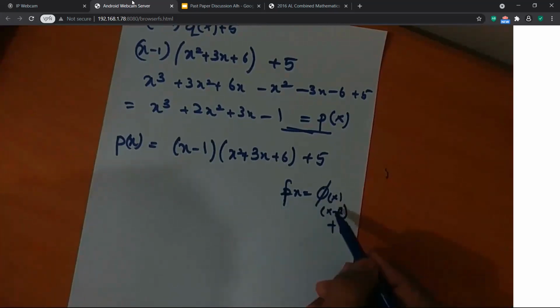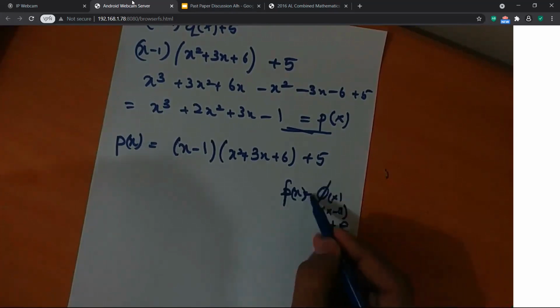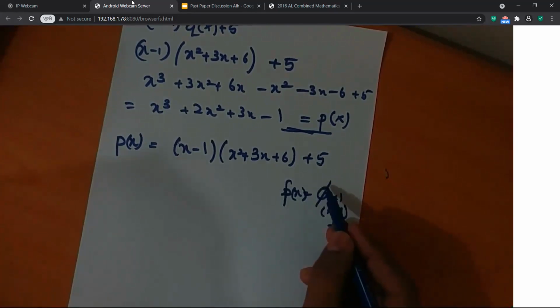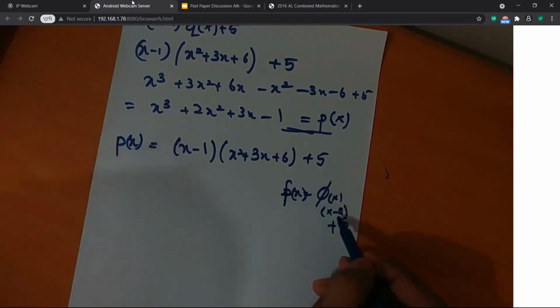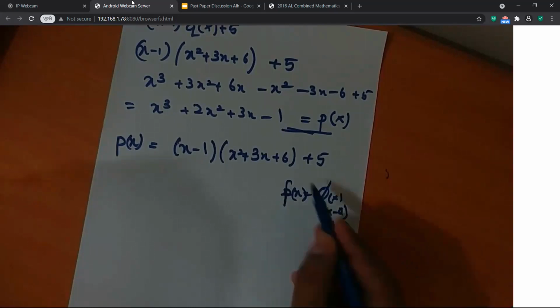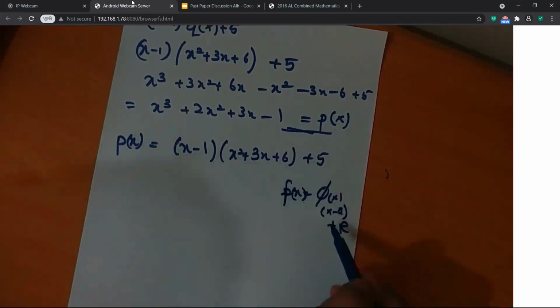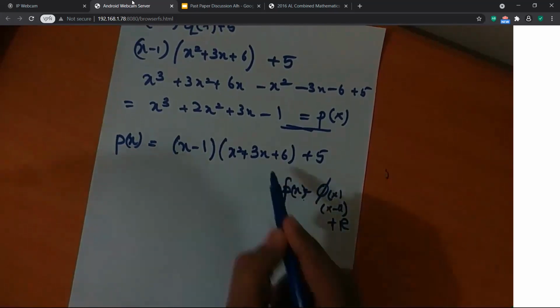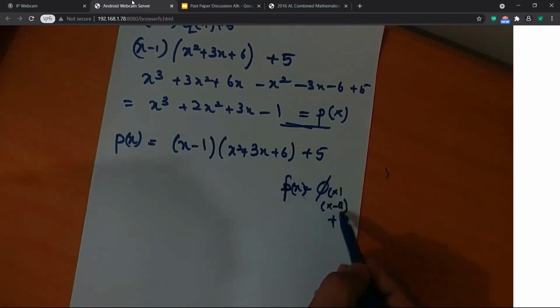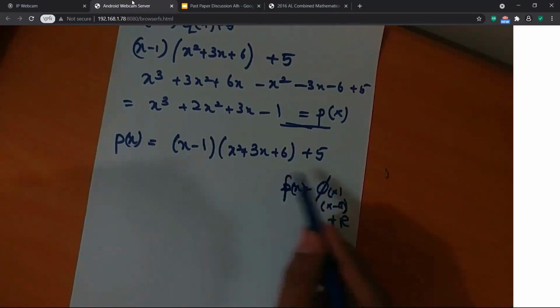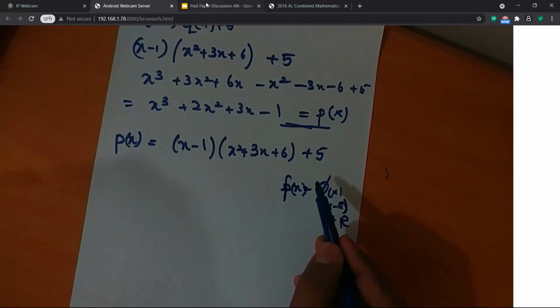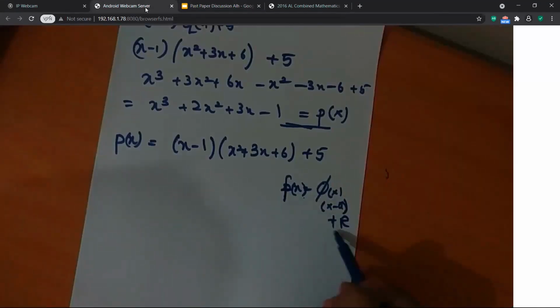If you divide f(x) by x minus a, you get another function of x multiplied by x minus a, plus the remainder. So if we can make this equation in this format, with x minus 1 times x minus 2, and then get what is remaining, that will be the remainder.